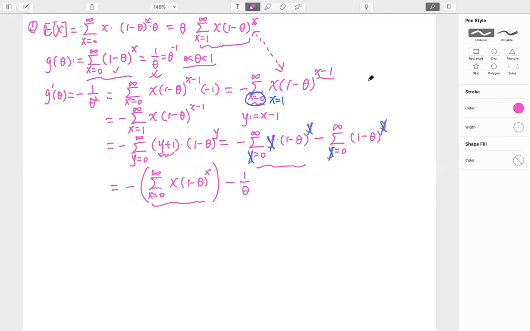So finally we have the expectation is theta times this guy. We have moved this to the other hand side.